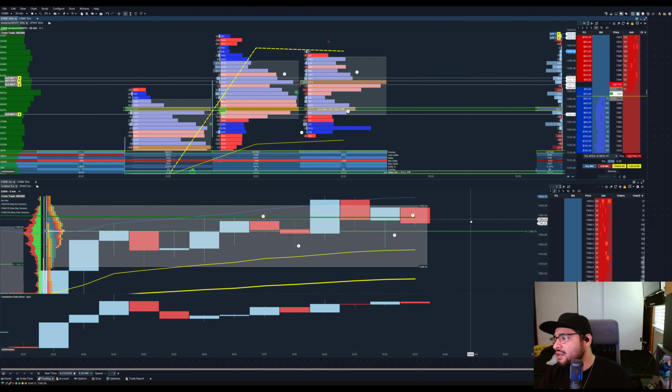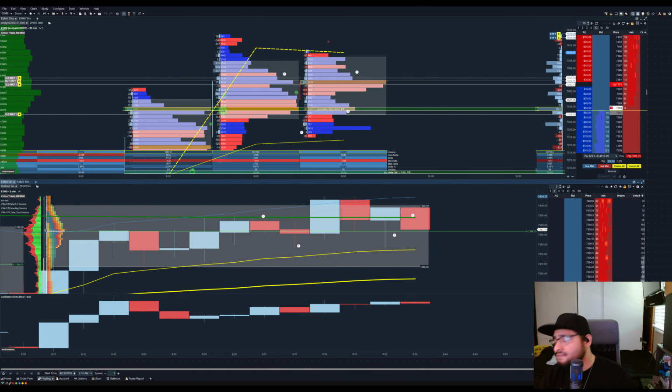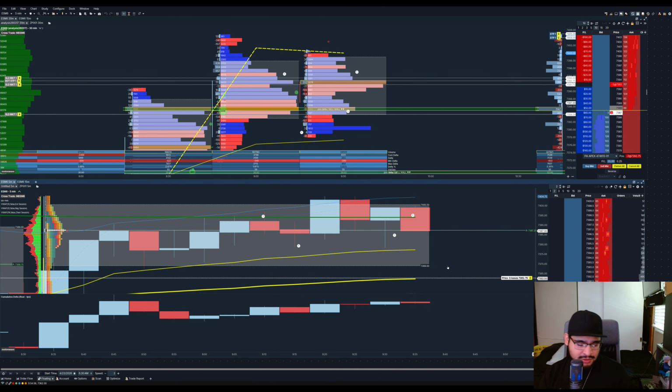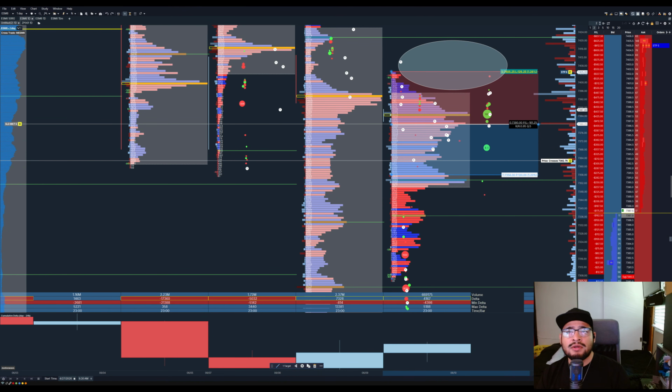From the weekly VWAP, I think this daily VWAP would be a good target, which is at, let me make an alert here, 73.82. And then if we go here on the daily profile, it looks like it's kind of in the middle of nowhere.